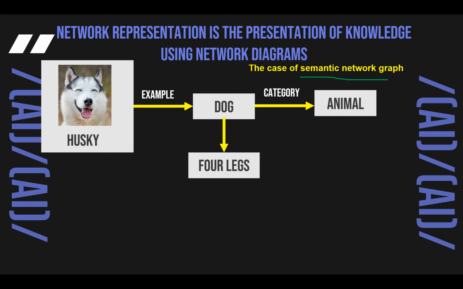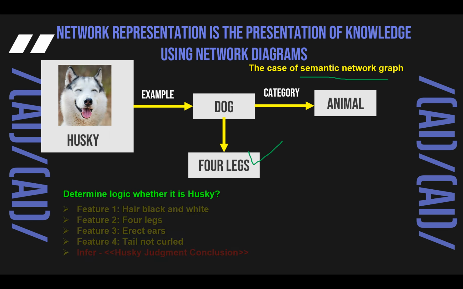First, features for the husky: they have 4 legs, and determine logically whether it is a husky. They have 4 features. Number 1, hair black and white. You have to look at the picture to find the features.